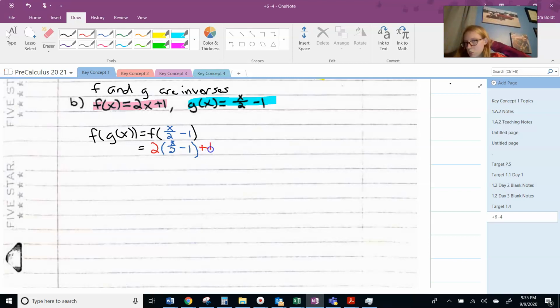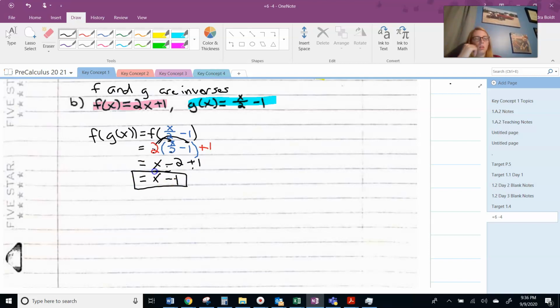Right? So I substitute x over 2 minus 1 in for that x. And then I distribute the 2. Well, 2 times x over 2, well, the 2 and the 2 cancel. So I'm left with x. 2 times negative 1 is minus 2 plus 1. Well, that gives me x minus 1, right? Because negative 2 plus 1 is negative 1.